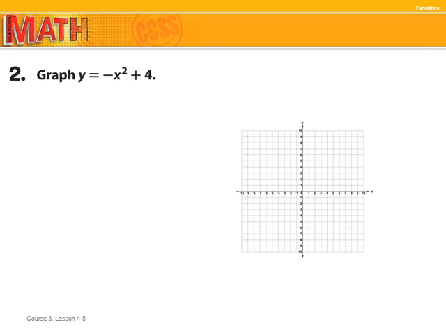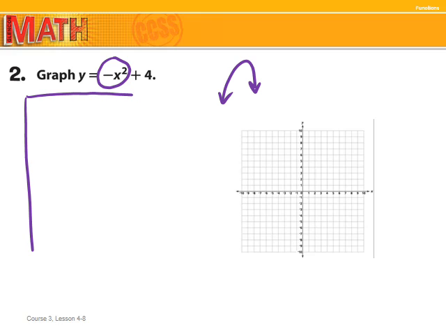Example number 2, graph y equals negative x squared plus 4. Because my variable squared is negative, I know I should end up with a graph of a parabola facing downward. So let's go ahead and create our table. This table I'm going to do a little bit different from the prior one.